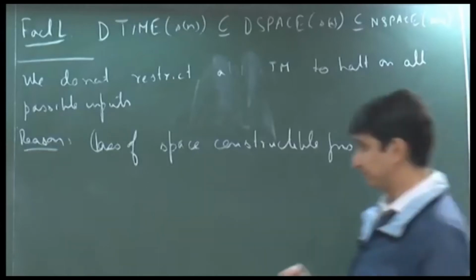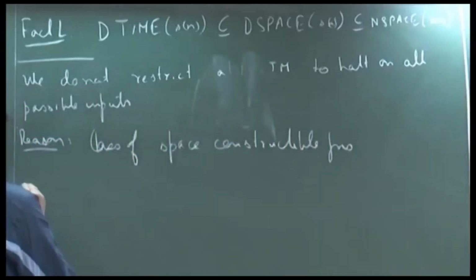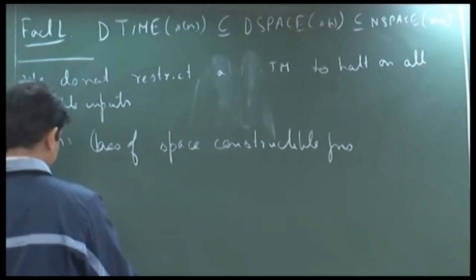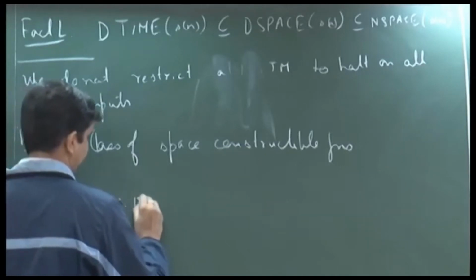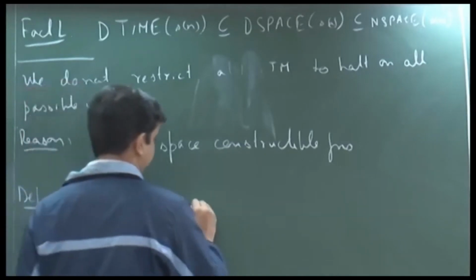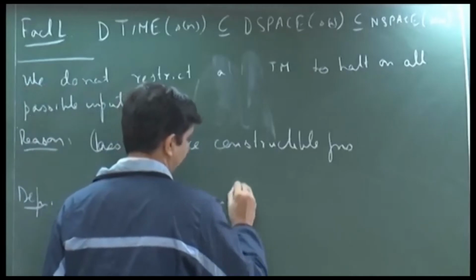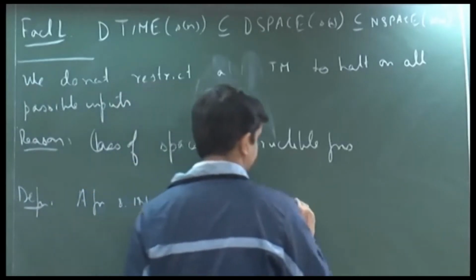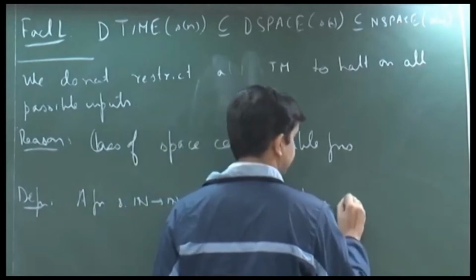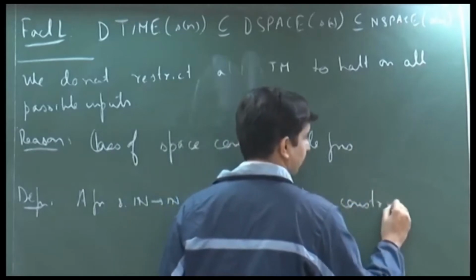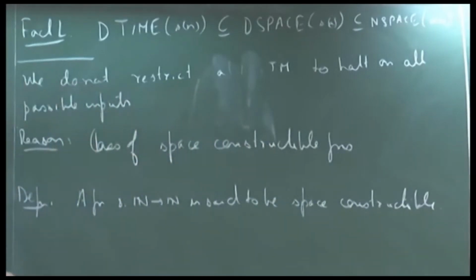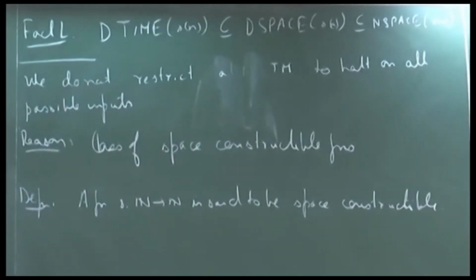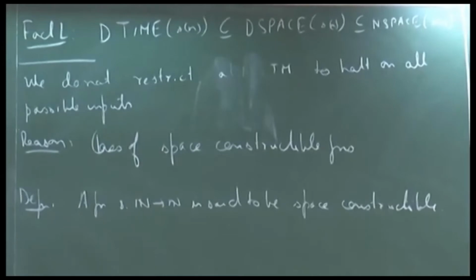Okay. So, let me just define that. A function s from n to n is said to be space constructible. I am just replicating the definition from time constructibility and only replacing time with space.